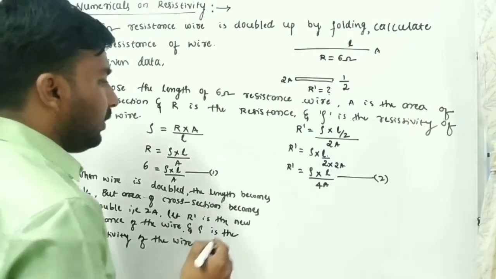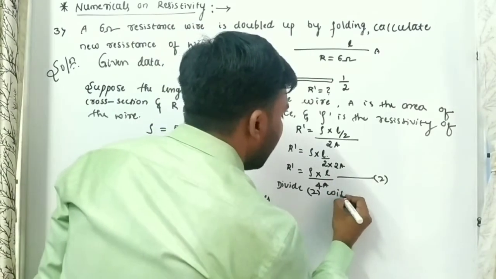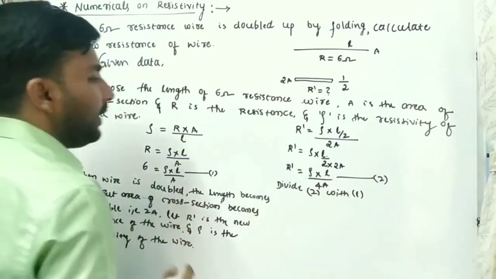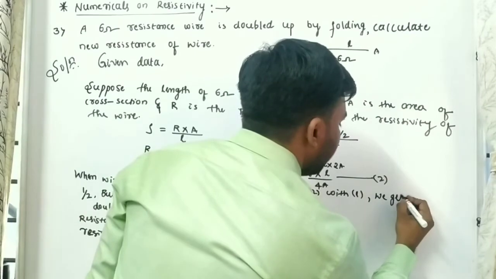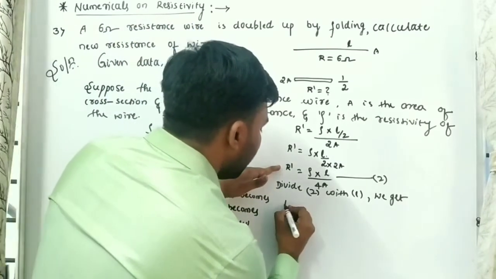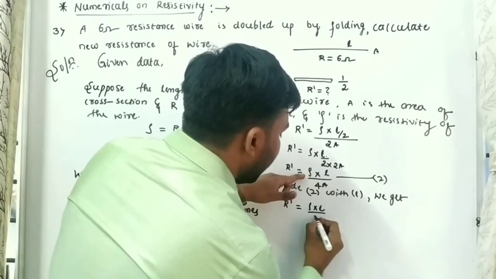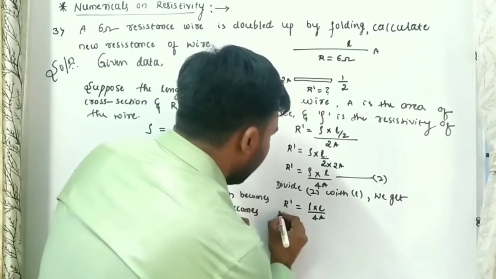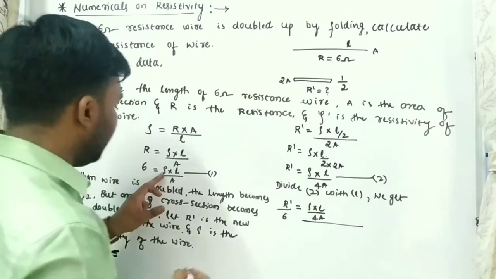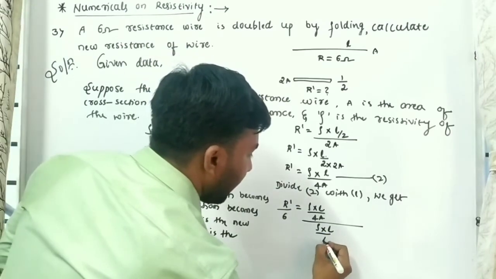Now divide equation 2 with 1. So equation 2 is this one: R dash is equal to rho into L divided by 4A, so whole divided by 6, equation 1, so whole divided by rho into L divided by A. Got it?